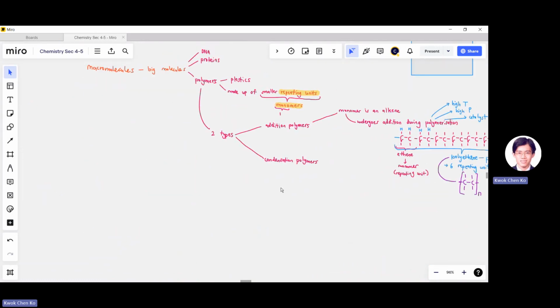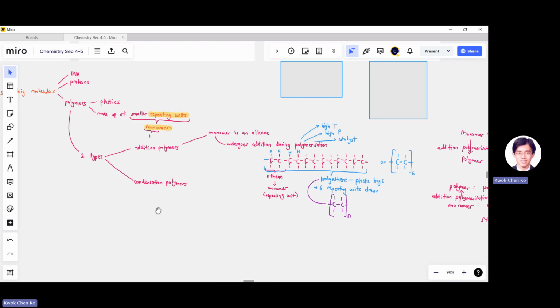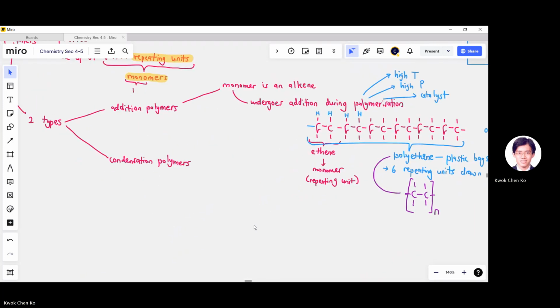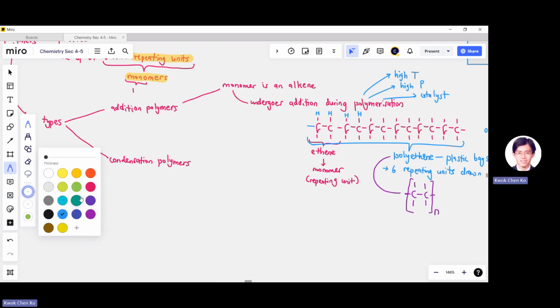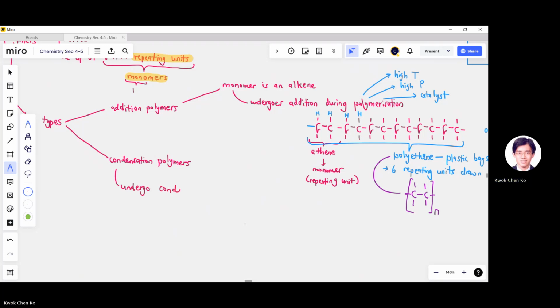Next part. This one is tough. Come, add the notes. So basically, why do they call them condensation polymers? Because they undergo condensation. But it's not what you think. This is not a change of state. It's different from the change of state condensation.